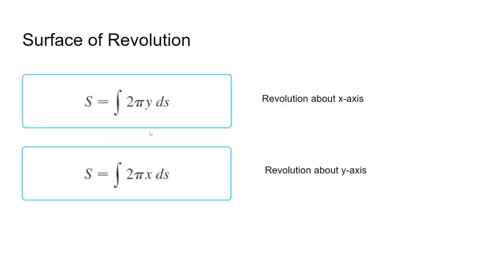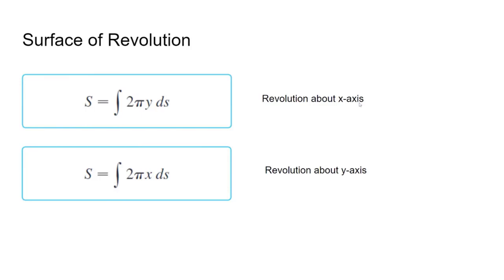And ds could be gotten from the derivative of x with respect to y, or y with respect to x. In a similar manner, if we have revolution about the y-axis, we could either have x as a function of y or y as a function of x, in which case that would change ds. So really from these two formulae, we have 4 possibilities of things that could happen.